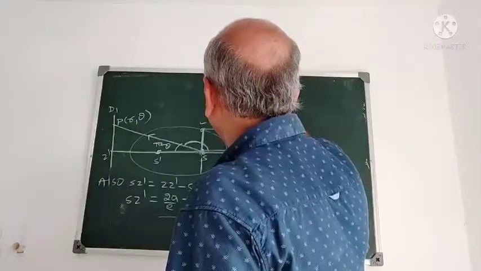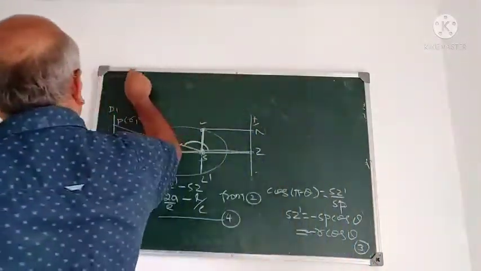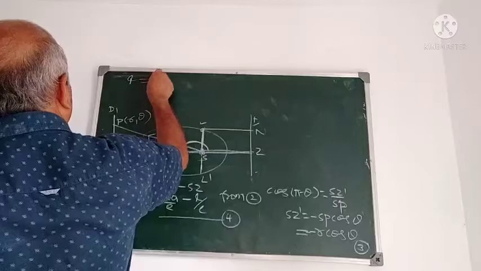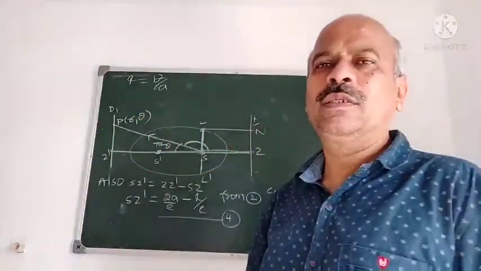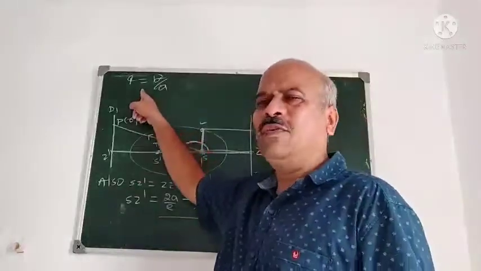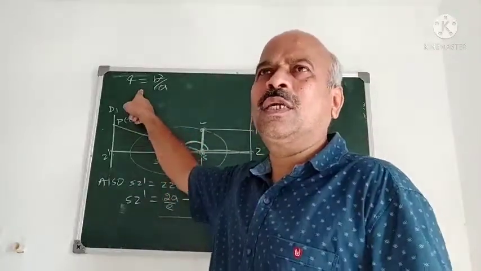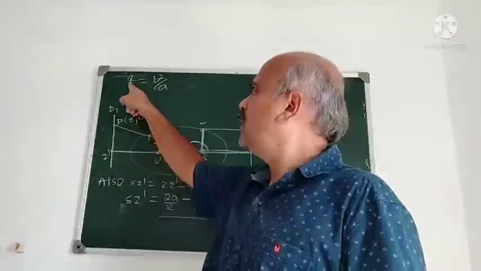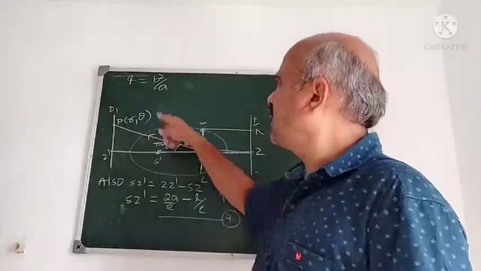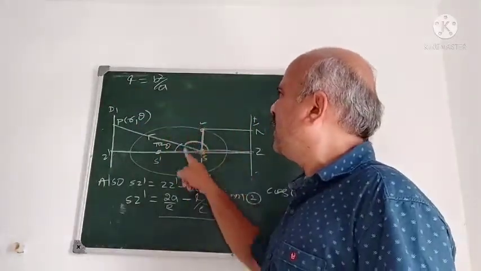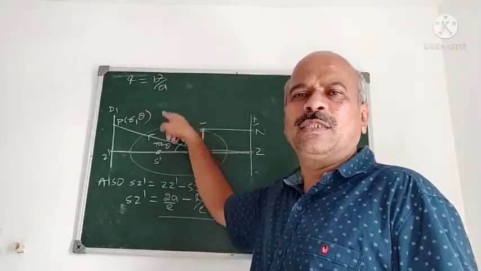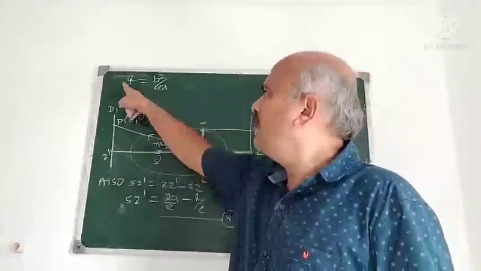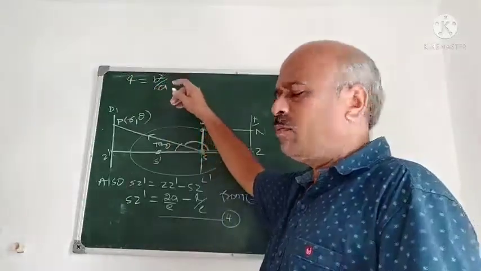We have l is b square upon a. Again an important formula. We take this as a formula directly because you have studied all these things in PUC classes. l means the semi-latus rectum. The total latus rectum l dash is 2b square upon a, but the semi-latus rectum is b square upon a.